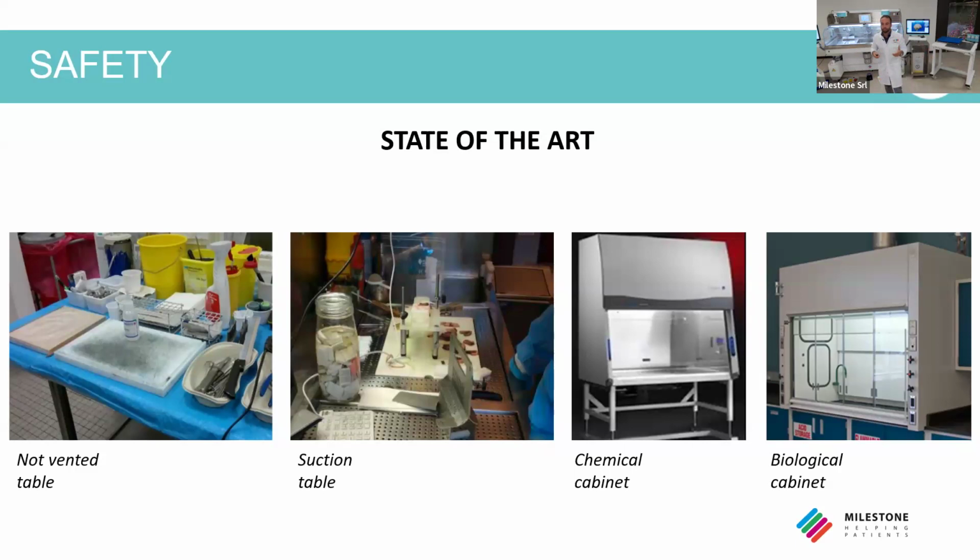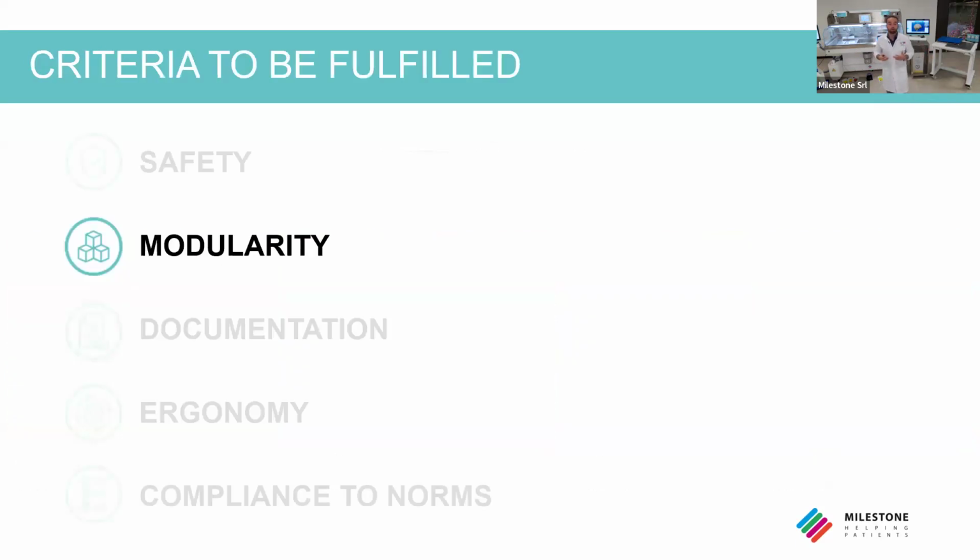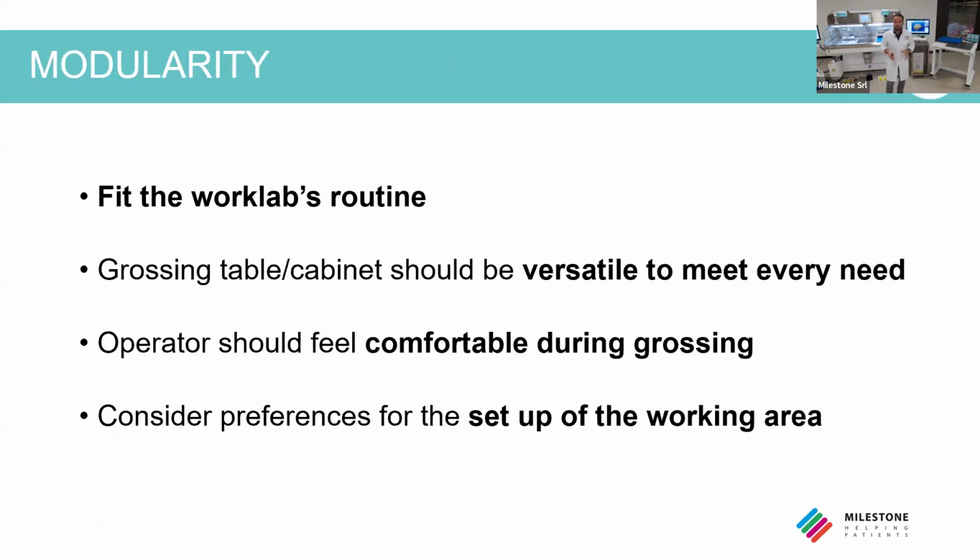Then, talking about modularity, the second bullet point, which is extremely important and you have to take into account when you choose your grossing station, the grossing station must fit the workload routine. Why? Imagine a small biopsy: there's no need for a big cutting board.